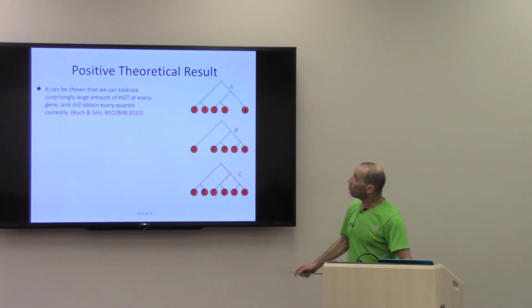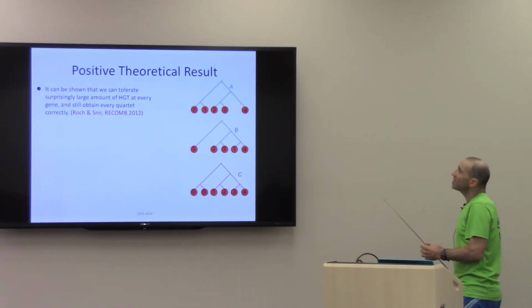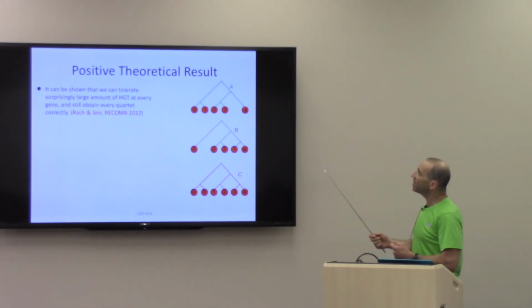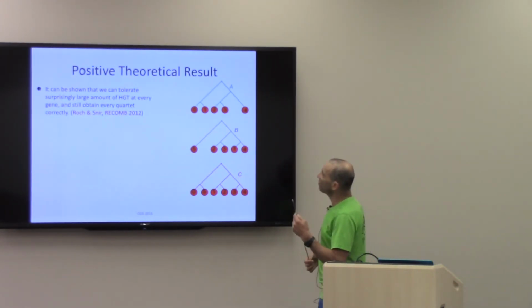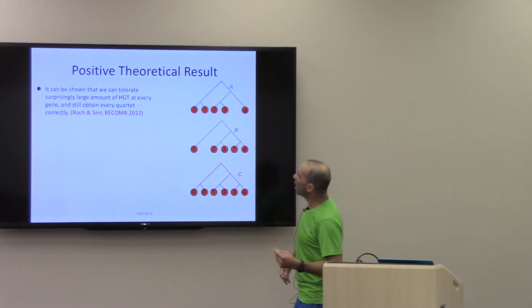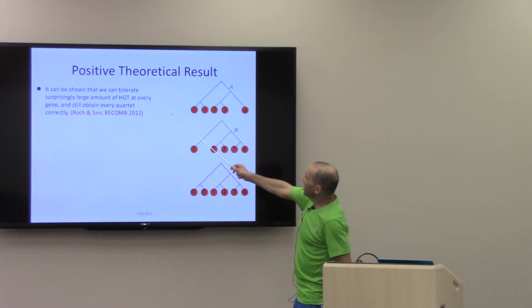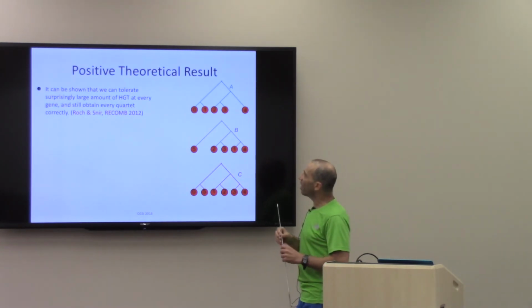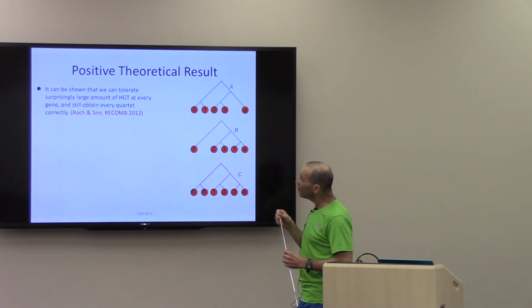So why look for that tree? This is the positive result that we showed with Sebastian Roch, who was here at that time, in 2012. We show that we can tolerate a surprisingly large amount of HGT at every gene.